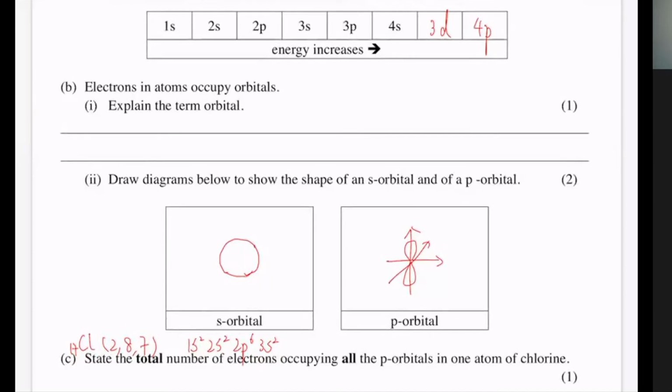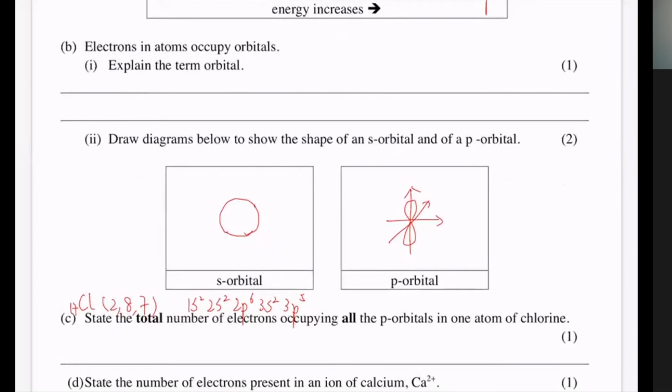What's after 3s? 3p. How many electrons in 3p? 5. Let's double check: 2 plus 2, 4, plus 6, 10, plus 2, 12, plus 5, 17. That matches the total number of electrons in chlorine. Very good, now you've got the electron configuration.